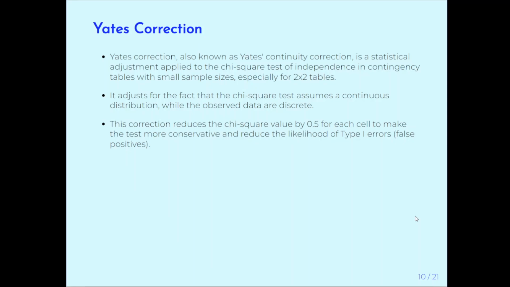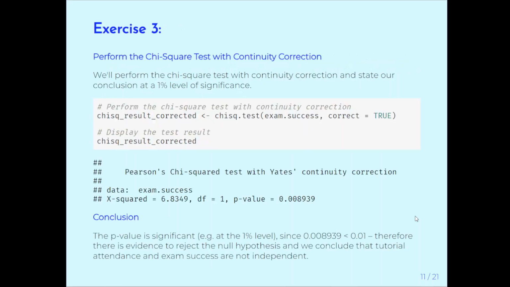This correction reduces the chi-square value by 0.5 for each cell to make the test more conservative and reduce the likelihood of a type 1 error, false positives. It's not really important in the last question, but it does come up in the next question, because it asks us to use continuity correction in this example.